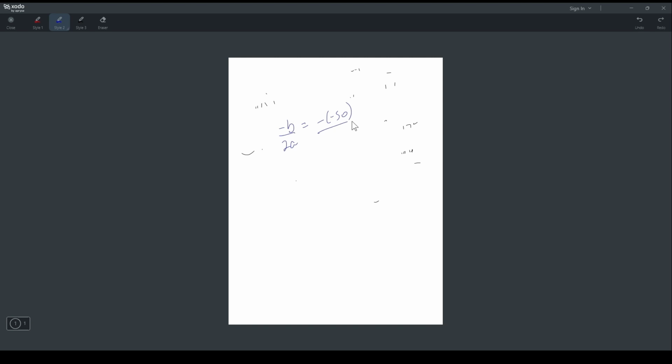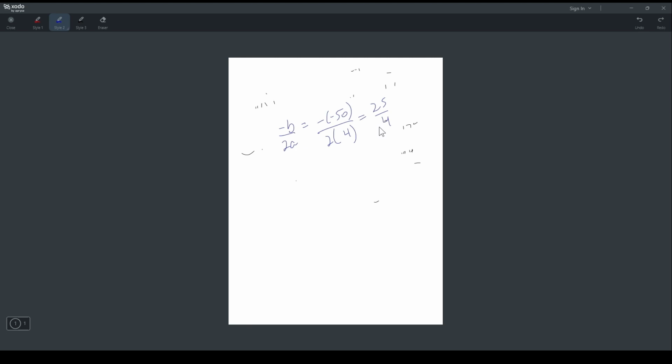Negative 50 over 2 times, I could have factored 2 out, I just realized that. I'm doing terribly here. 2 times 4 is 8, and this is 50, so 25 over 4.